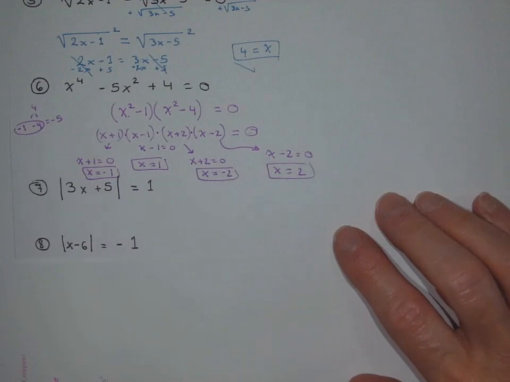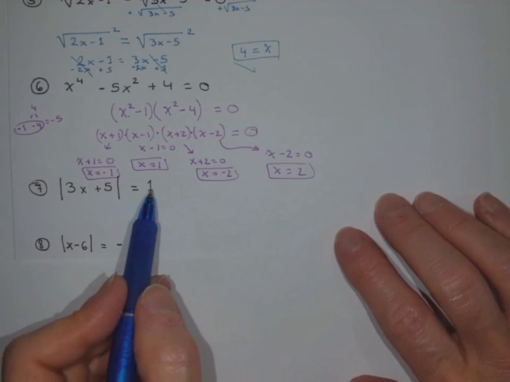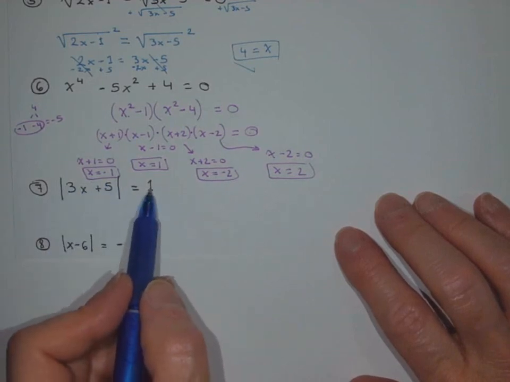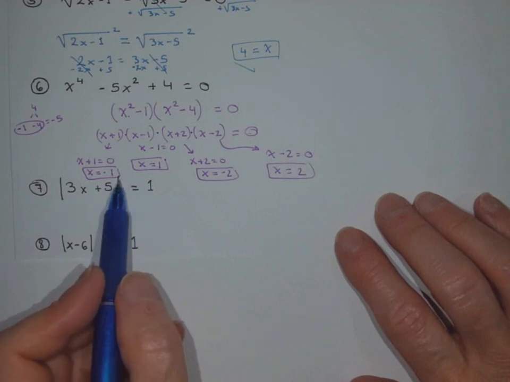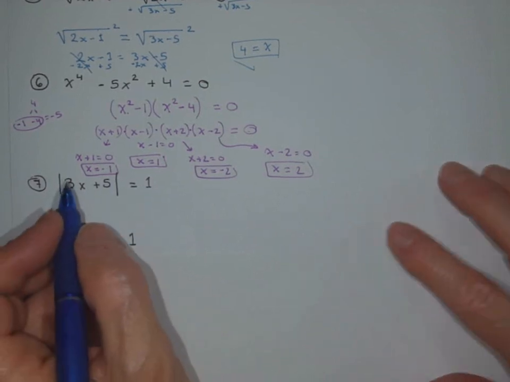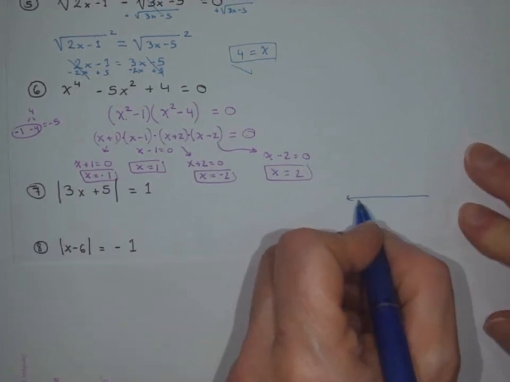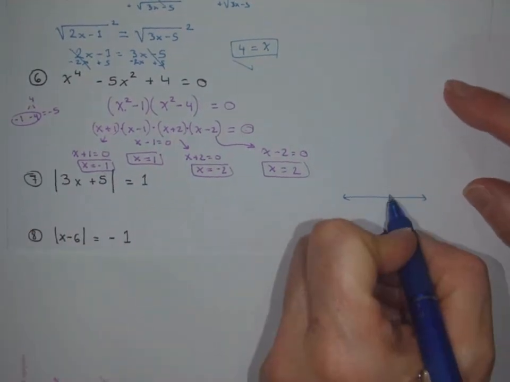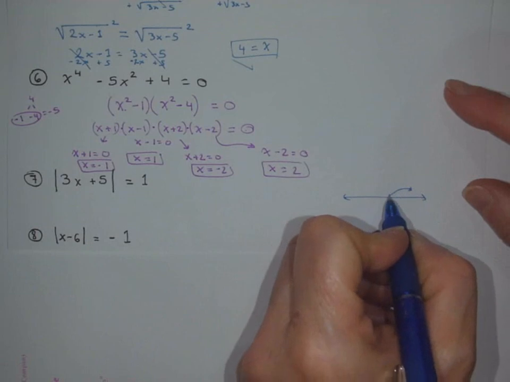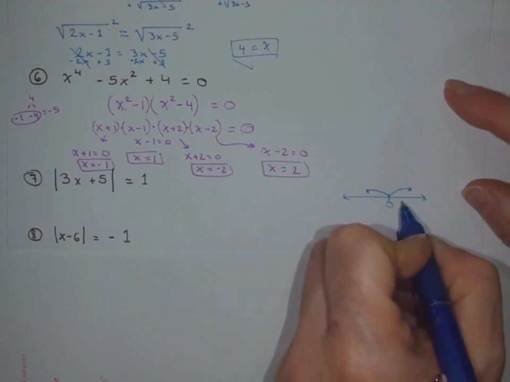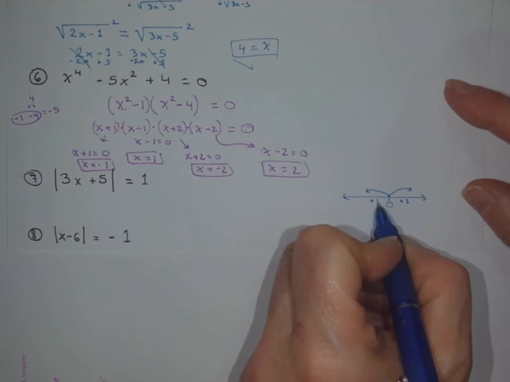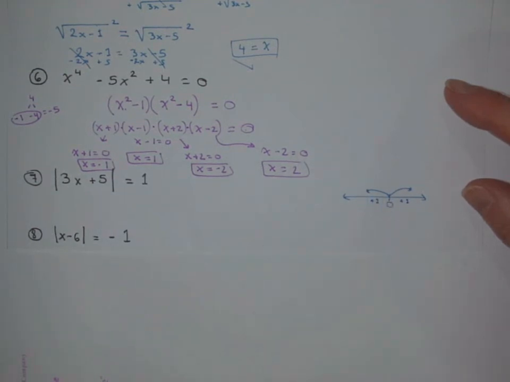Absolute value equation. How do we solve those? So we have to remember that an absolute value is a distance away from 0. So whatever that is, it is 1 unit away from 0. So when I drop my absolute value, that means that if 0 is here, whatever that is, it is 1 unit away from 0. Well, it could be 1 unit away from 0 that direction, or 1 unit away from 0 that direction.